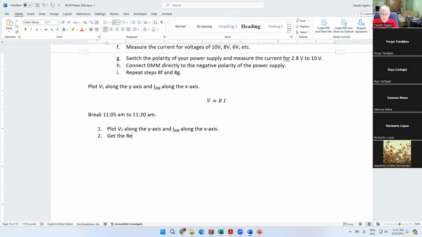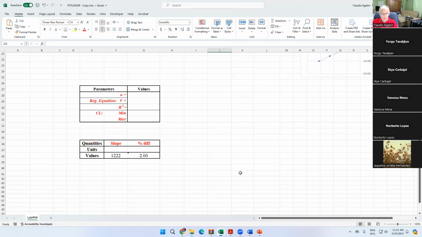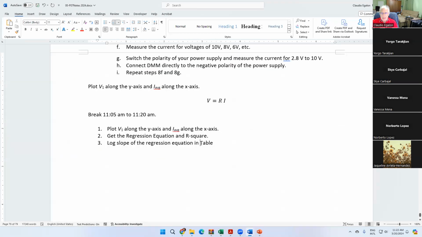Get the regression equation and R squared. Log the slope of the regression equation in the table. What table is that? In the last table.